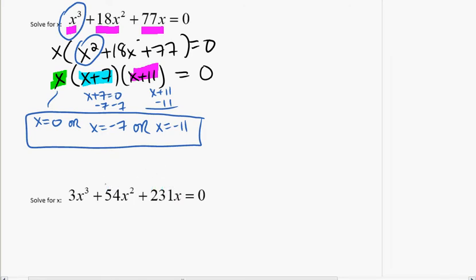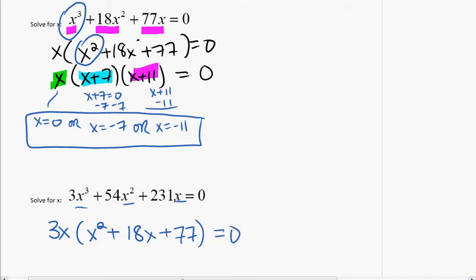So let's factor out everything. Let's factor out a 3 and let's factor out an x. So 3x. This leaves me x squared plus 3 goes into 54, 18 times, and I'm left with 1x because I pulled only 1x out, plus 3 goes into 231, 77 times.